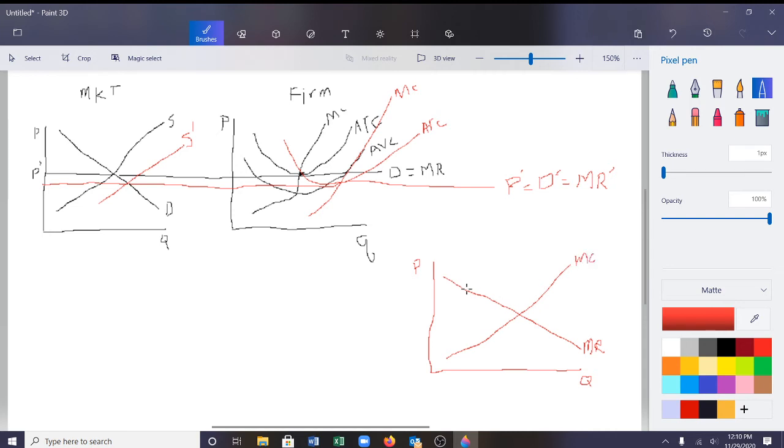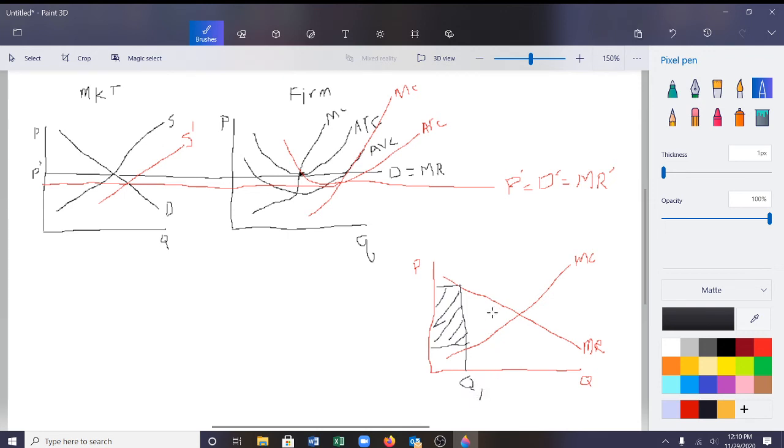So if you were to produce here, let me change colors. If you were to produce here at this point, your marginal revenue would be higher than your marginal cost. So the profit that you're making at that point is this area. And so you would want to produce more than just Q1.